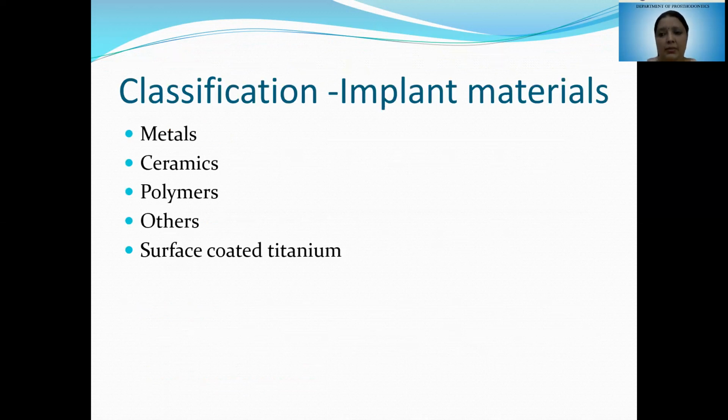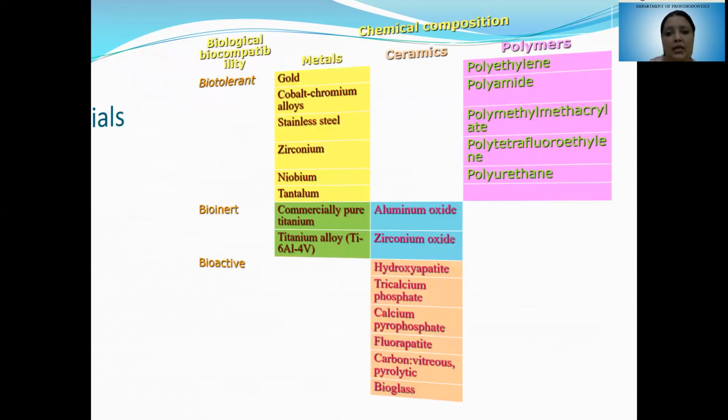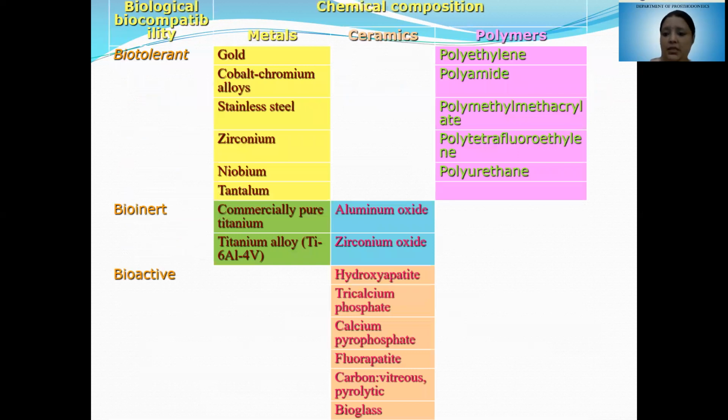According to the basic materials, implant materials can be classified as metals, ceramics, polymers, others, and surface-coated titanium. Let us take a look at the different implant materials that are available today. According to biocompatibility, implant materials are classified as biotolerant, bioinert, and bioactive.